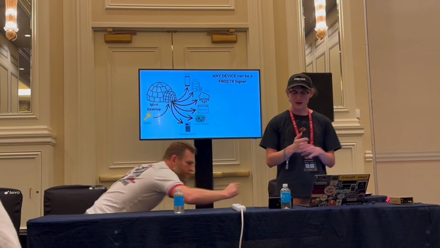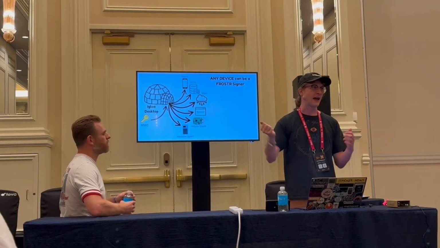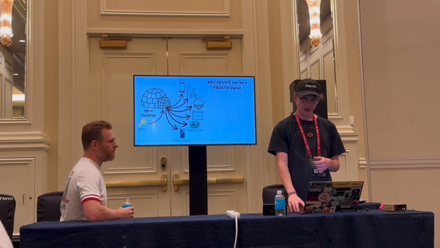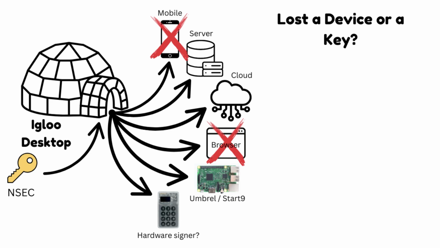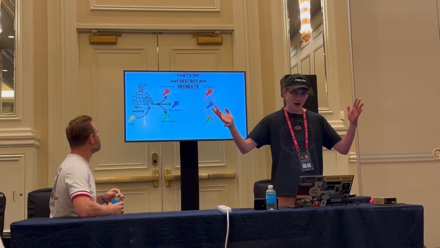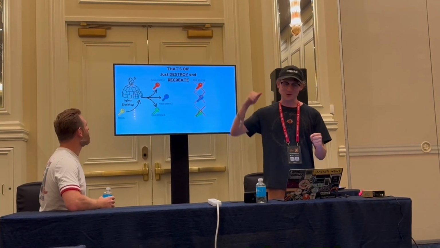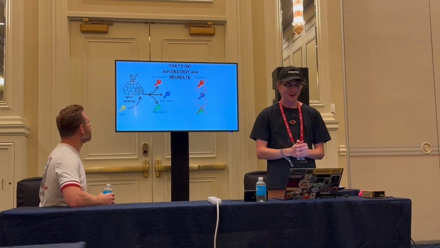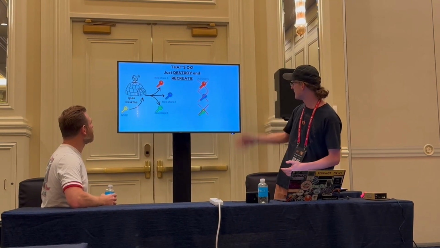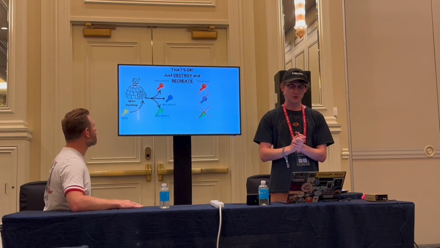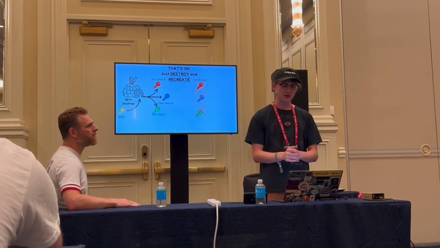And so we want to be in every single environment that you're at to make it easy to work with your multisig on Nostr. And remember, of course, if you lose a device or you lose a key in your setup, you just destroy and recreate. Some might call this rotation, but you orphan the old shares, you kill them, and you make a new set in about 10 seconds, and then you're in a new setup.